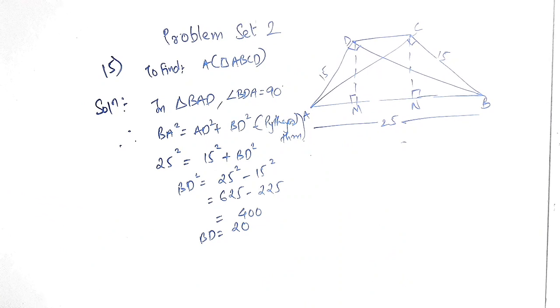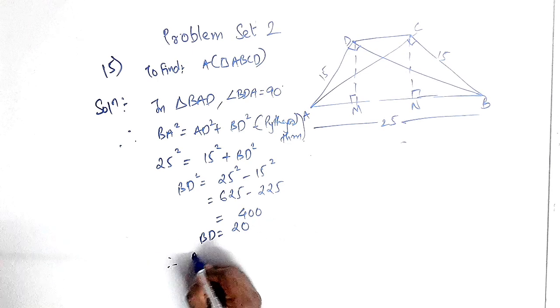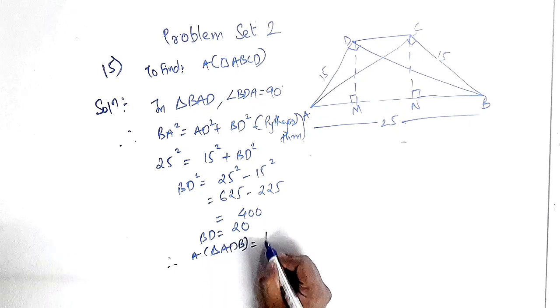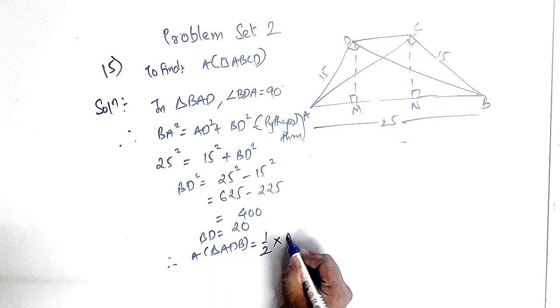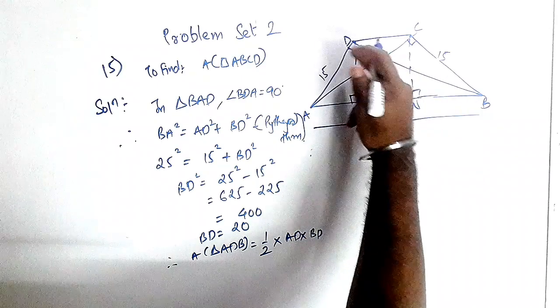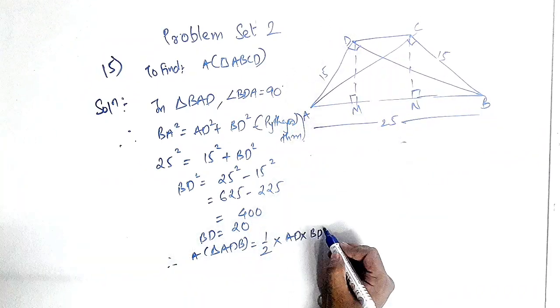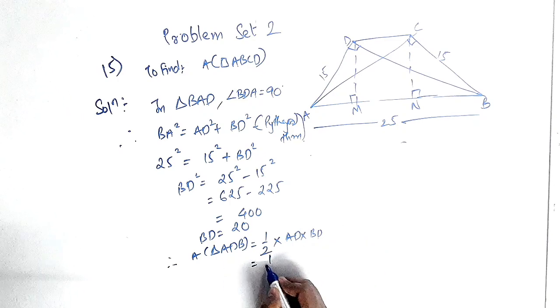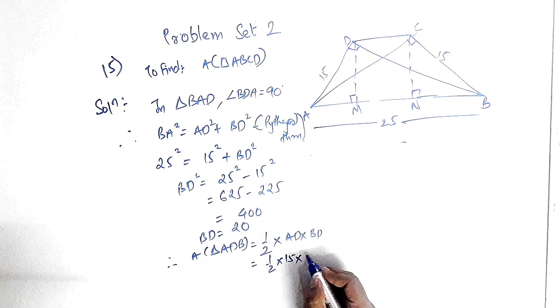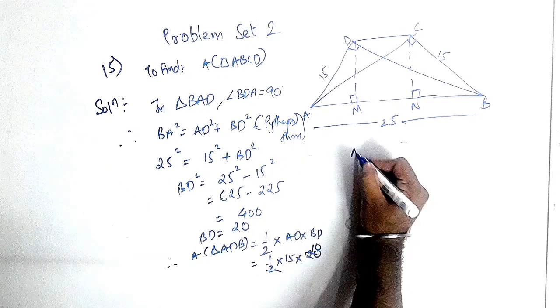Okay, that means if we write here, area of triangle ADB is equal to half into base into height. BD is height, AD is base. Okay, so this is half into 15 into BD we found 20. So 2 ones are 2, 2 tens are 20.